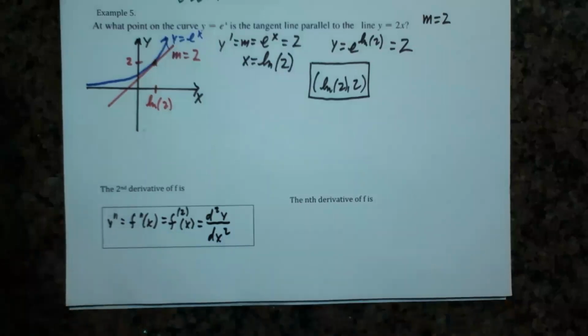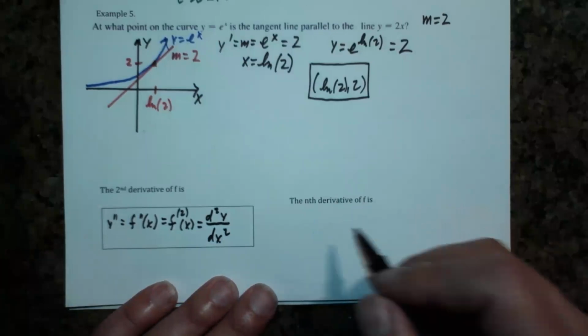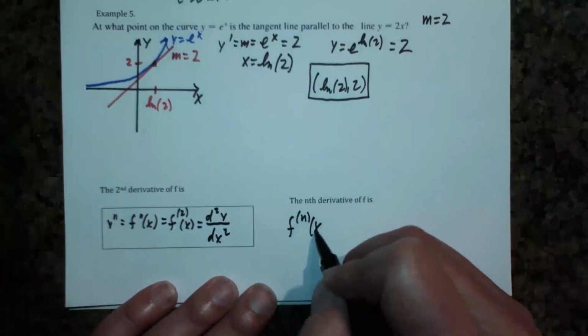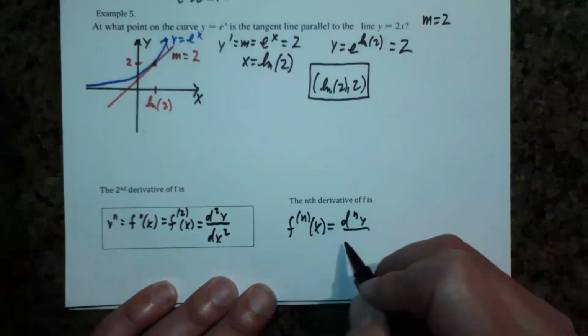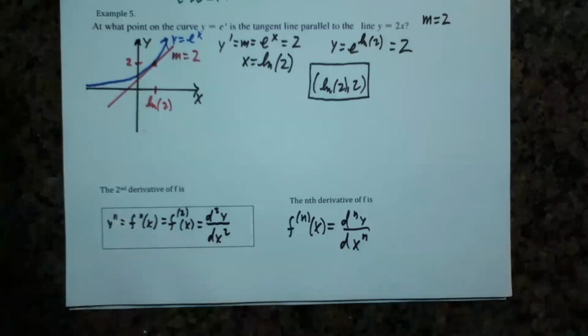And if we want the nth derivative, meaning we need to take the 15th derivative or whatever it is, and you can see with e to the x, it's going to be the same every time, right? So the nth derivative looks like this. And that is an introduction to derivatives.